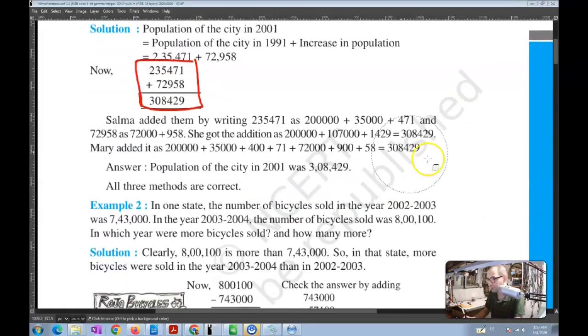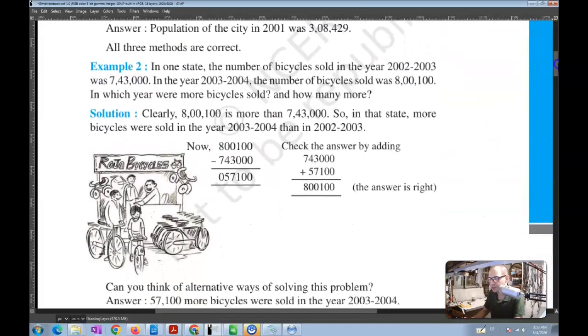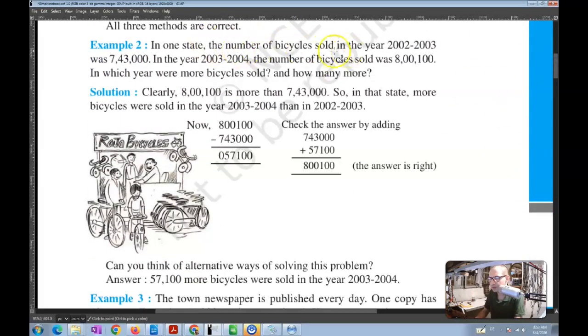Now the next question that we have here is: in one state, the number of bicycles sold in the year 2003 was 743,000. In the year 2003-2004, the number of bicycles sold was 800,100.